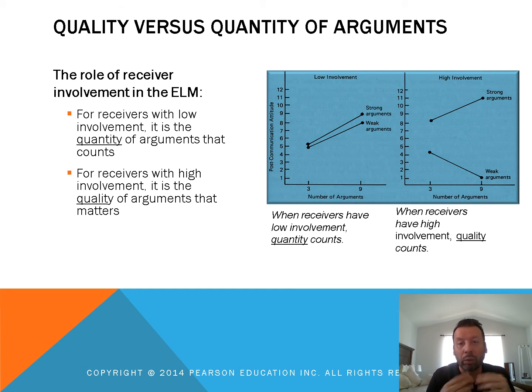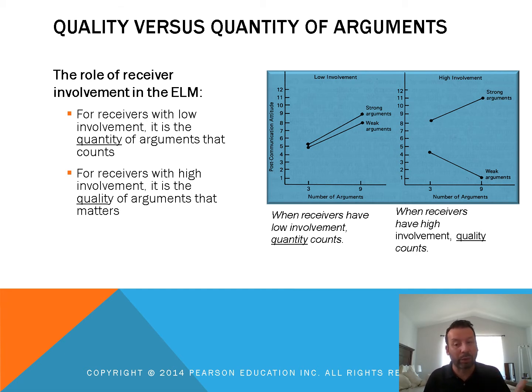So the role of receiver involvement in ELM: for receivers with low involvement, it is the quantity of arguments that counts. The more arguments you have for people who are not really involved in the situation, the more likely you are to convince me. For receivers with high involvement, it's not about how many arguments you have, it's about the quality of those arguments.